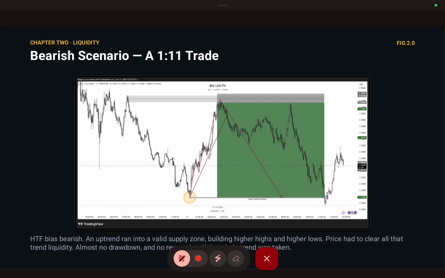We believe that price will seek to clear this trend liquidity, and that was what price did. When price mitigated this zone, it took its time, even retested our entry, but we were confident it would not take us out of the trade. It tapped into our entry again, then took its time and cleared the liquidity.